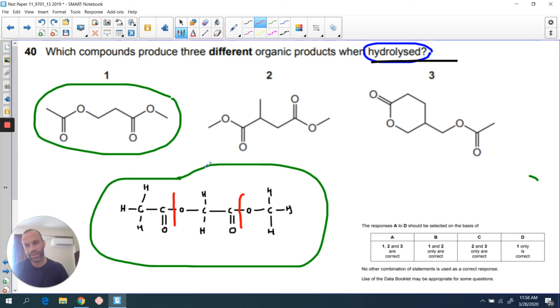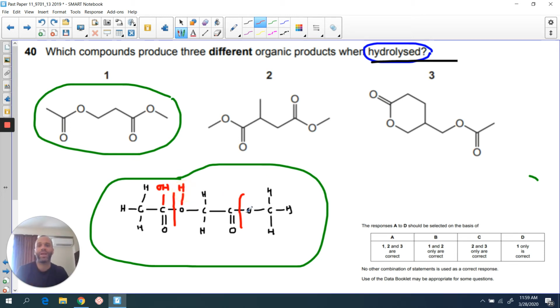Remember, in each of these cases, we're adding water and producing a carboxylic acid and an alcohol. So hopefully, because you've already got your carbon double bonded to oxygen here, we can see that this part of the compound is going to be producing the carboxylic acid. So I'll add on the OH there. So logically then, it must be this part that is producing the alcohol.